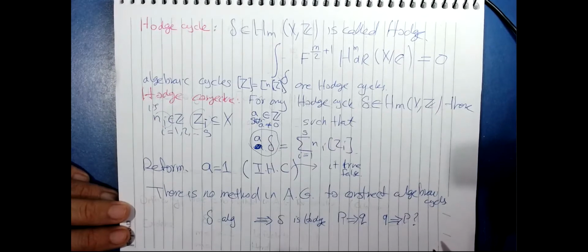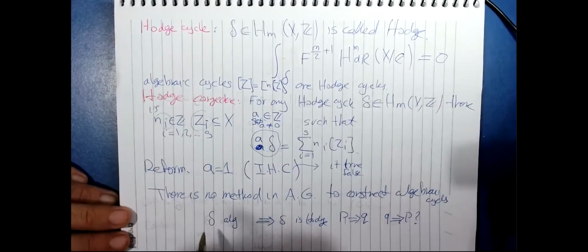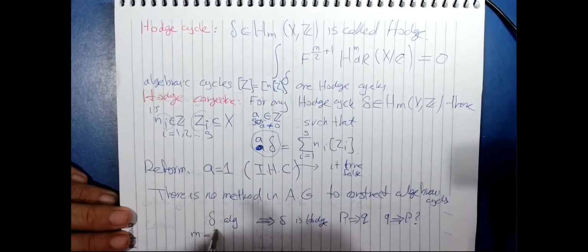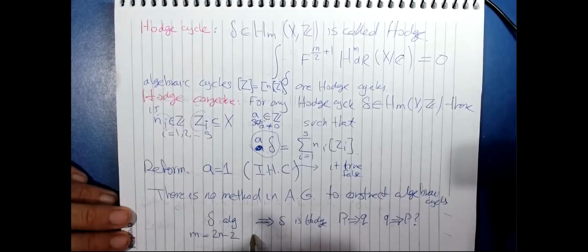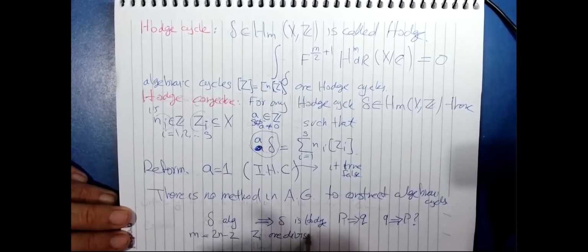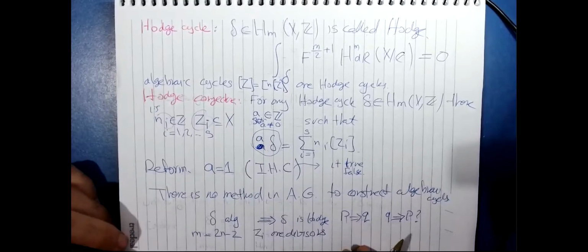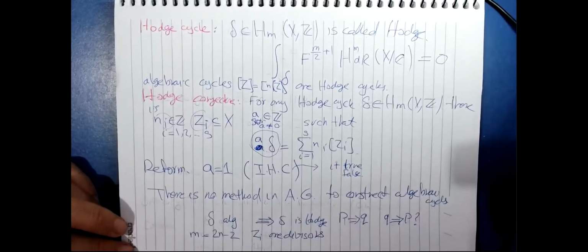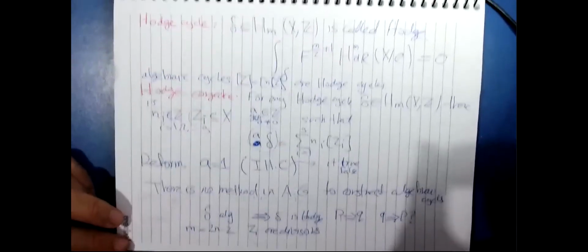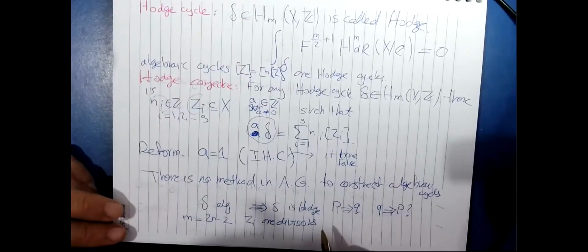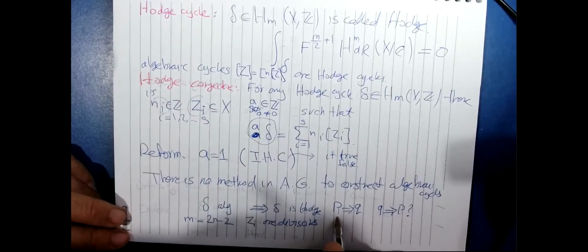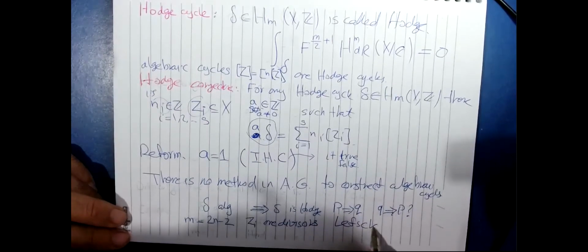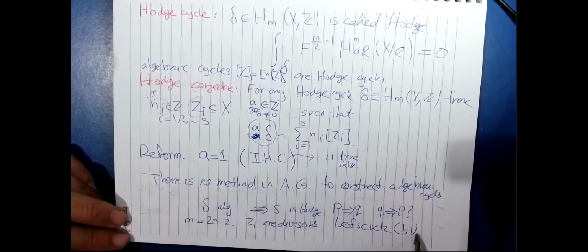Okay, but for which classes of varieties do we know it? Maybe the most famous one is the case 2n minus 2. In this case, we are dealing with divisors, and the corresponding theorem is called the Lefschetz (1,1) theorem.